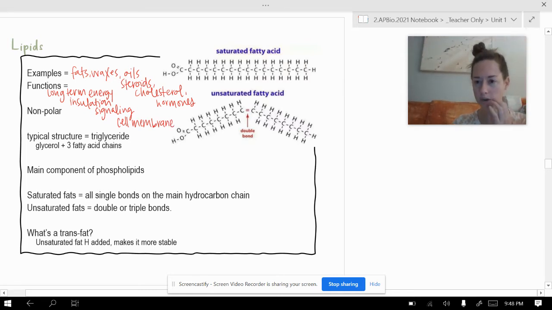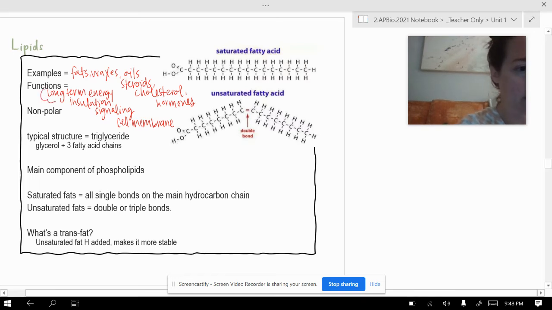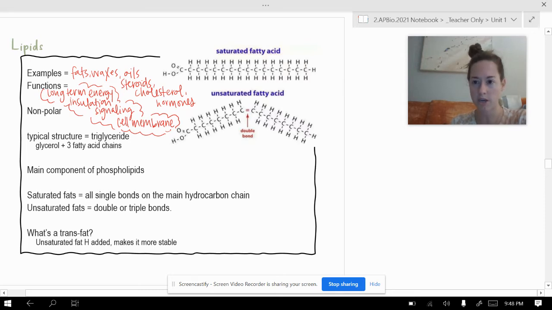Lipids are nonpolar, which I might have talked about in the chemistry video a little bit, but they repel water. So they will not hydrogen bond, and they do kind of their own thing because of their nonpolar qualities. Since they're hydrocarbons, the hydrogen and the carbon pull about equally on electrons, which causes the bond to be nonpolar.